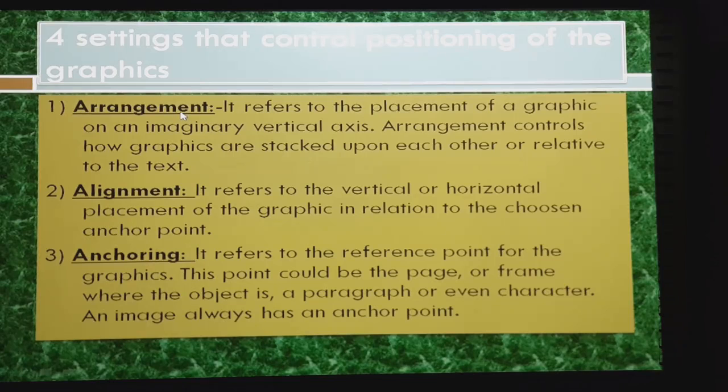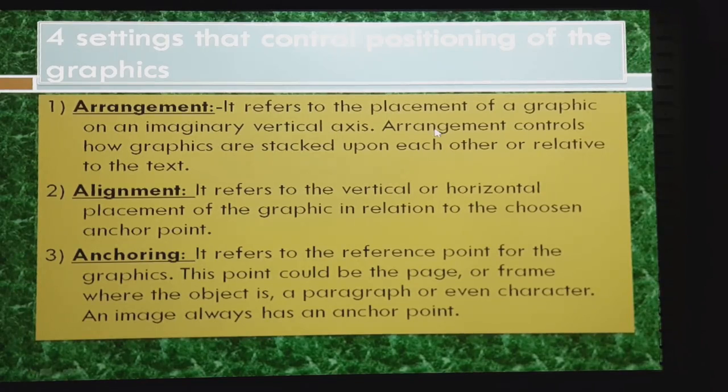Now, in general, arrangement means systematic and orderly collection of certain items, correct? So here in terms of OpenOffice, it refers to the placement of graphics on an imaginary vertical axis. Whenever we are inserting a graphic into our OpenOffice document, we should always remember that the graphic should be placed on an imaginary vertical axis, based on which we need to place our graphics.